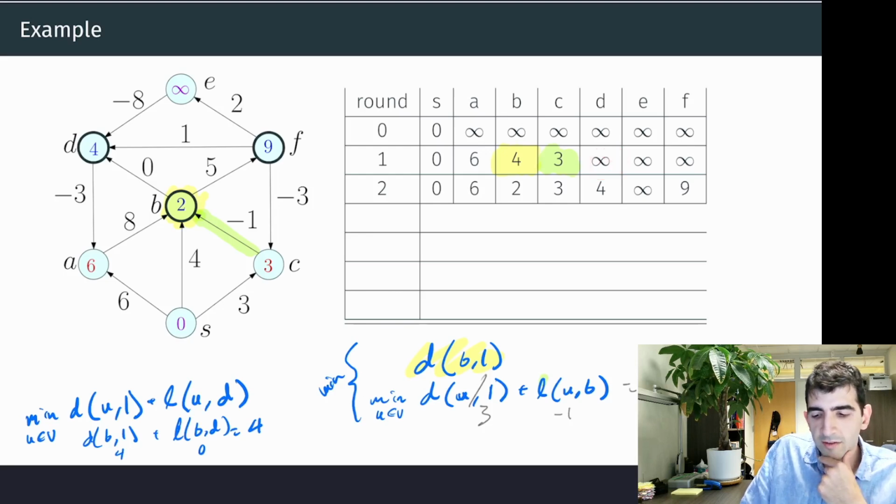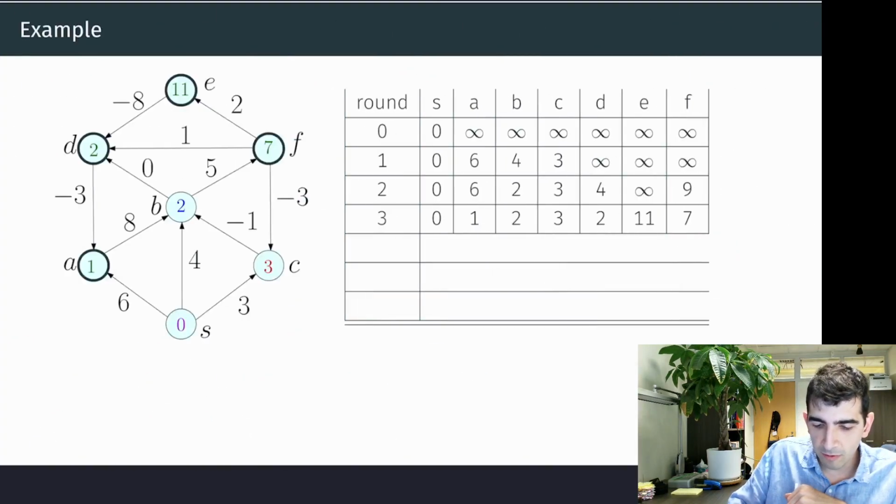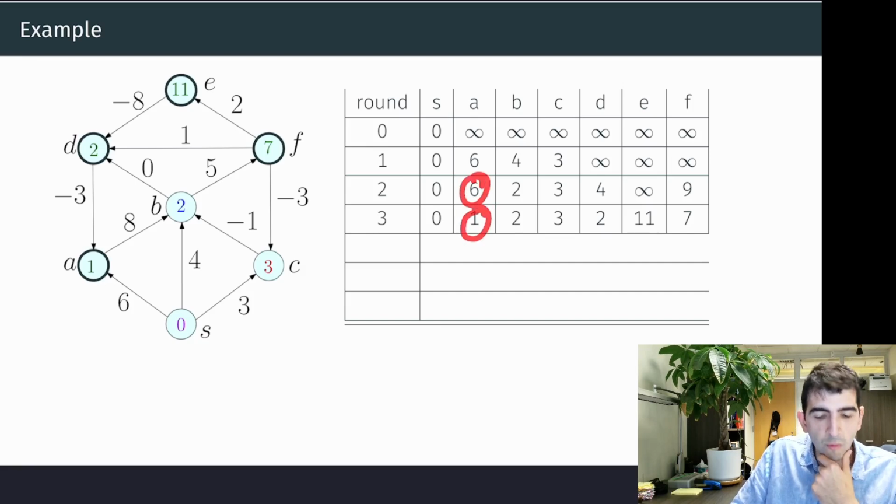Okay, so we carry out this practice over and over again. We see that, for instance, if we go to 3 edges, then the shortest distance from S to A goes from 6 to 1. And why is that?